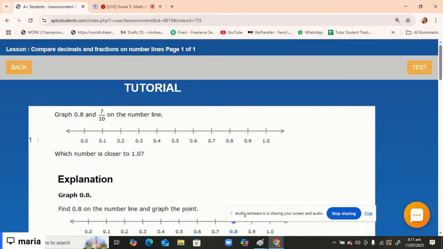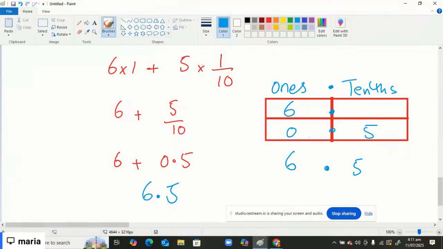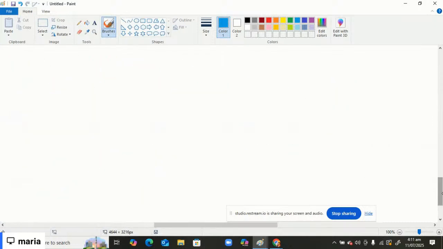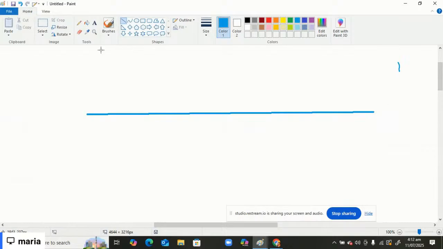So first of all, I'm going to draw the number line. Let me just do it here. So the number line is here. This is your number line.